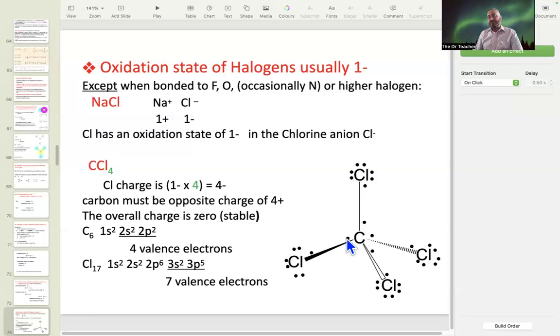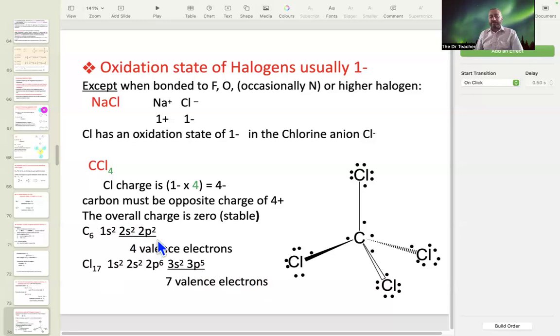Why is each chlorine -1? Let's see here. The carbon is 6, 1s2, 2s2, 2p2. So we have 4 electrons in the outer shell, 4 valence electrons. The chlorine has 7 valence electrons.